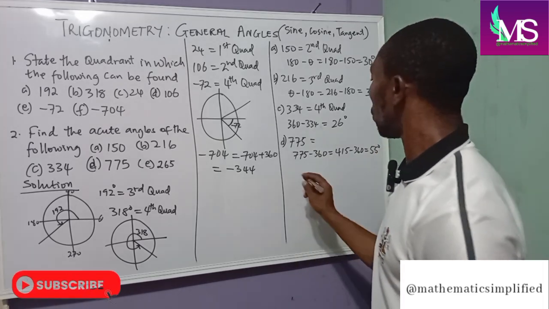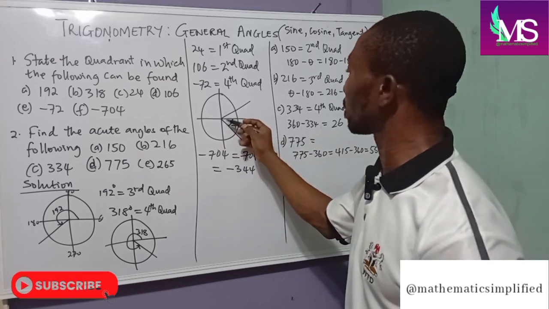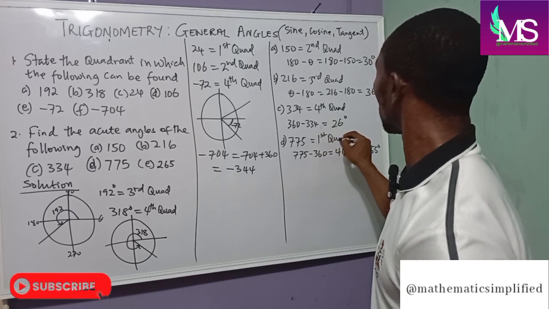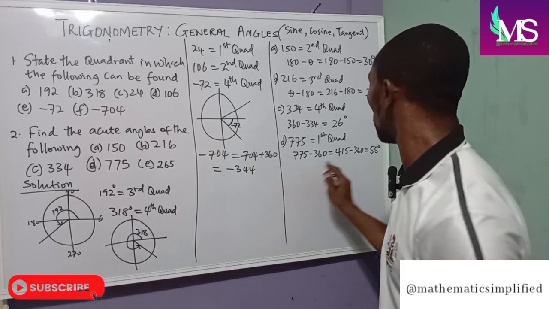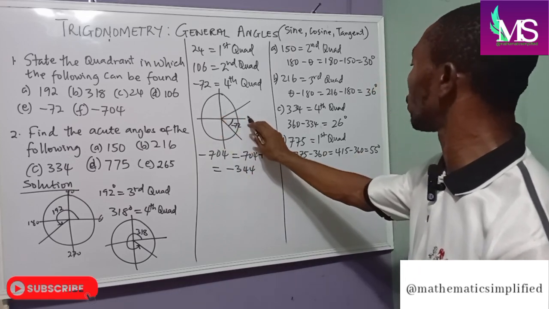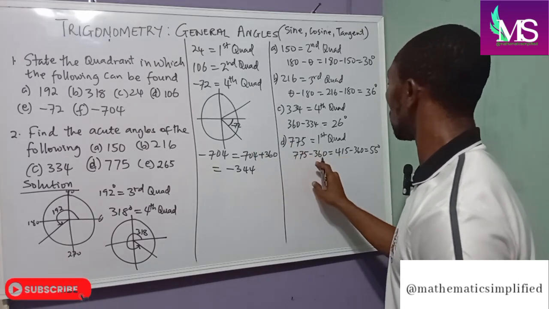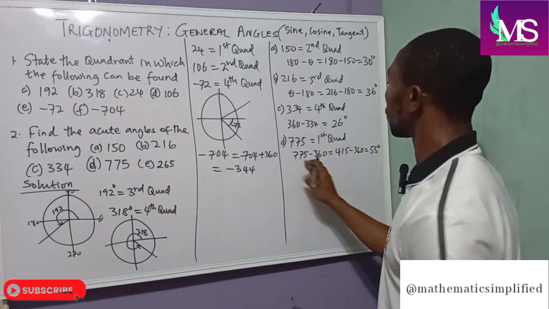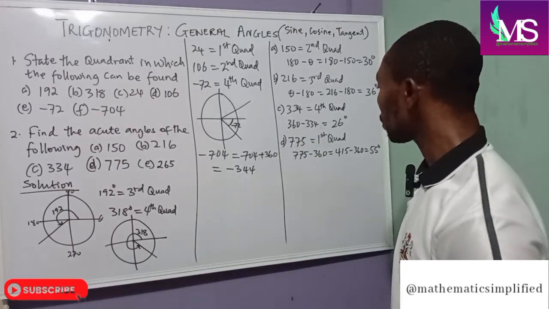If we go 360 two times, 1, 2, which gives us 720, this will lie in our first quadrant. So we can say 775 minus 720 gives us 55 degrees. So our acute angle for 775 will be 55 degrees.